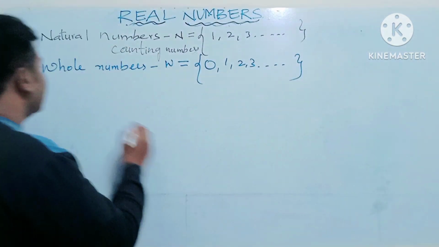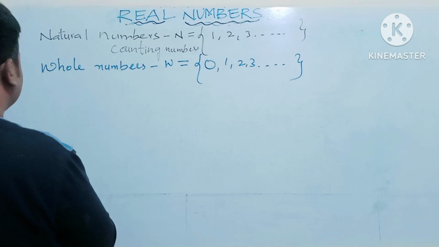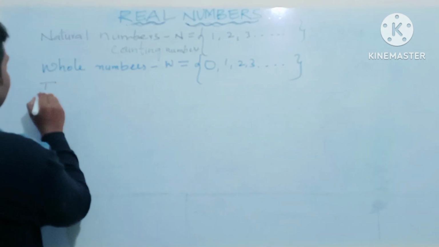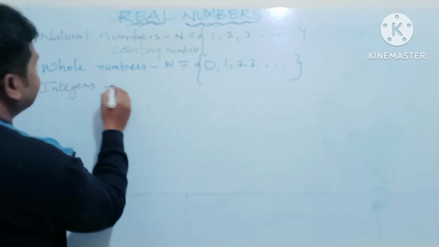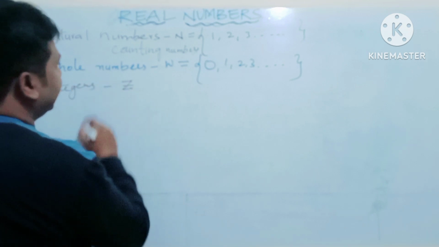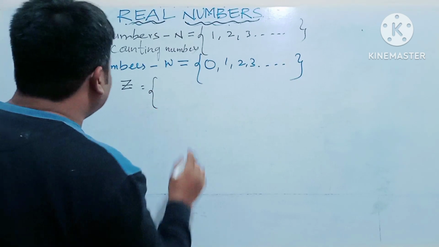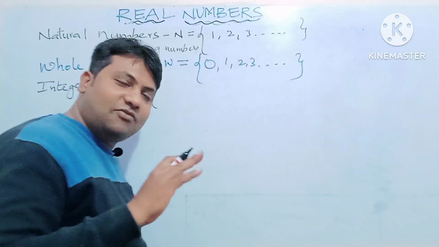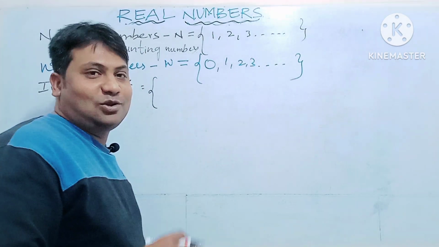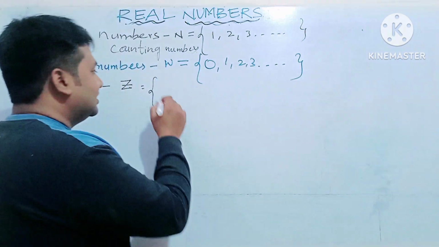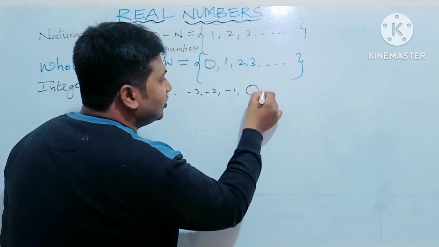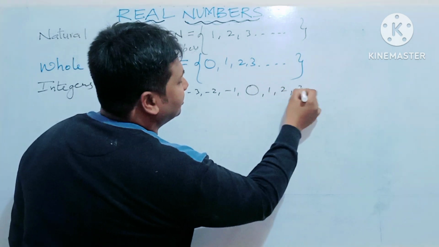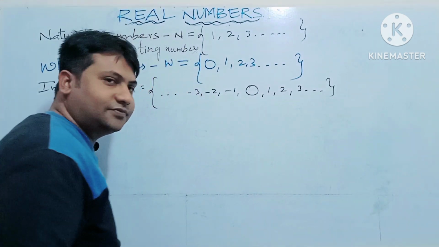Then coming to integers, denoted by Z. Integers have the whole numbers, but also negative numbers, that is, -3, -2, -1, 0, 1, 2, 3 and so on.